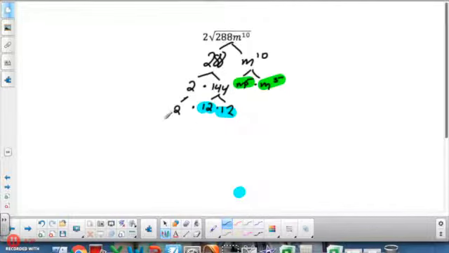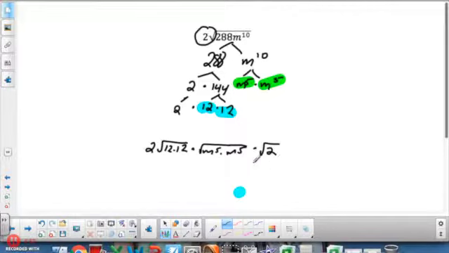my radical now, remember that I still have this 2 out here in front. So I've got 2 times my 12 times 12, I've got my m to the 5th times m to the 5th, and then I've still got that little 2 that was a prime number that didn't have a pair.